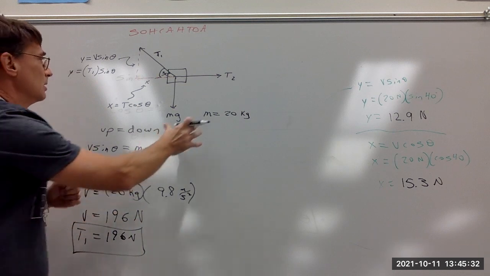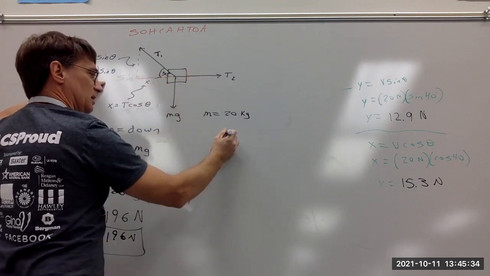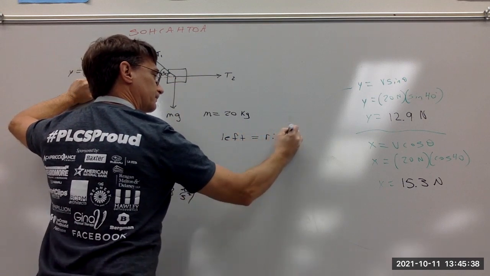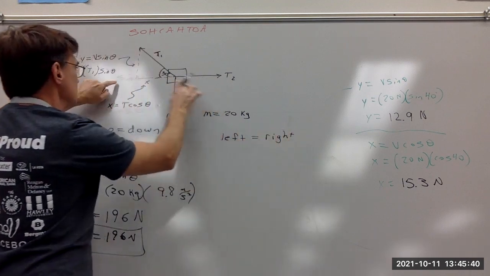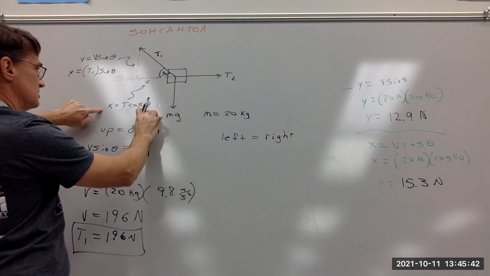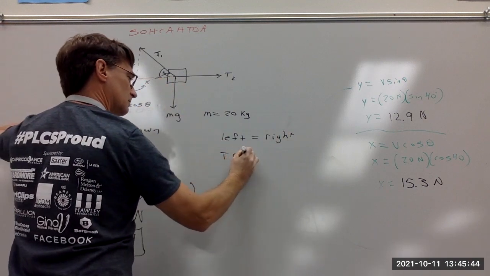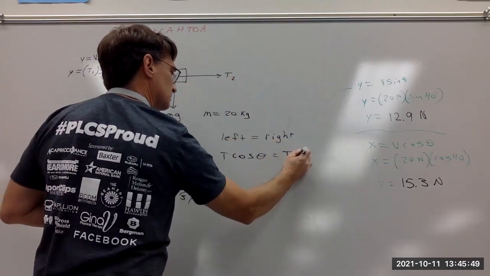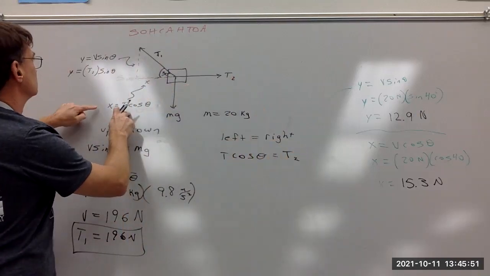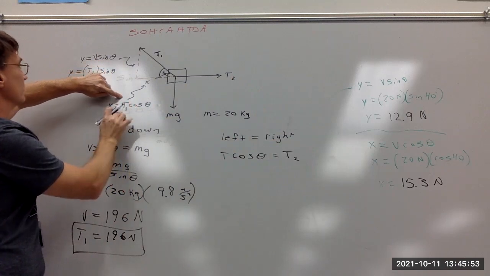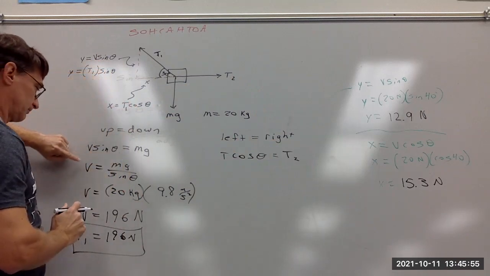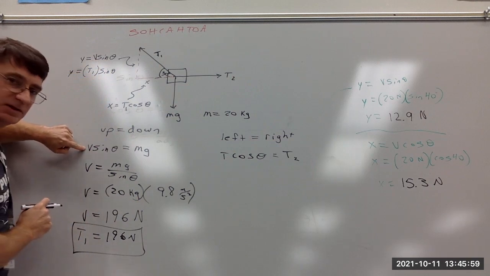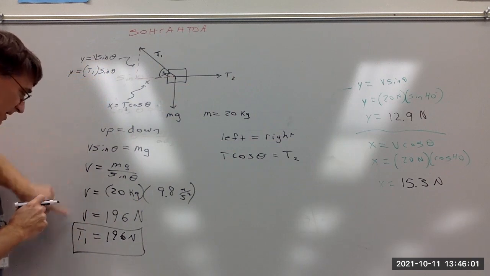Cool. How about side to side? I know it's balanced, so I know left equals right. What's pulling left? Well, that's T1 cosine theta. What's pulling right? Well, that's T2. Over here, for some reason, I changed my T1 to a V, but I put it back at the end.